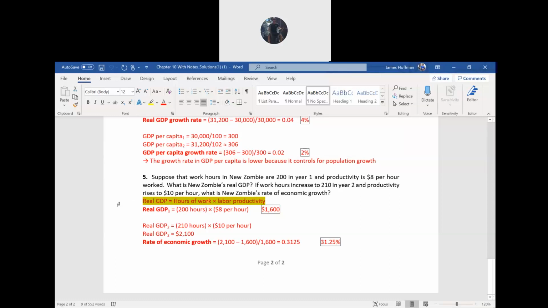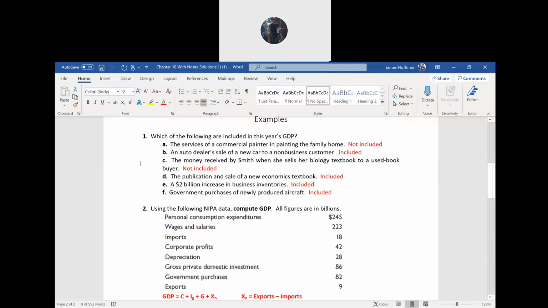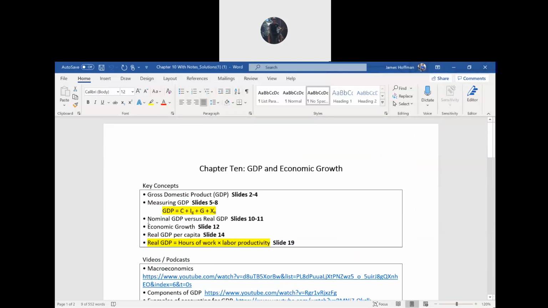Okay, so we learned about this productivity approach, which is that real GDP can be measured by hours of work times labor productivity. So this is the same equation from up here in the key terms. We used this one in question 2, I think. We were using this one in question 5.